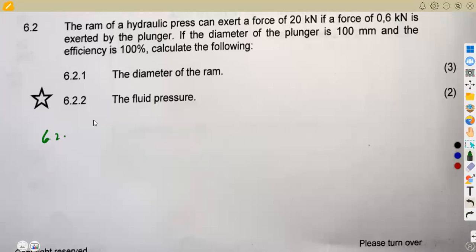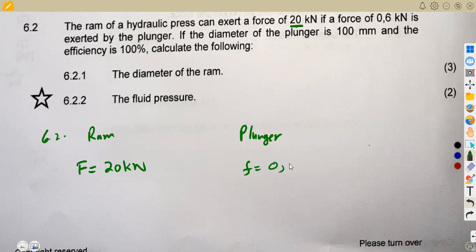So 6.2, we've got the ram, and we also have the plunger in this case. On the ram, we are given the force being exerted, which I'm going to write with a capital F: 20 kilonewton. And the force of 0.6 is exerted on the plunger, so for the plunger I'm going to use a small f: 0.6 kilonewton.